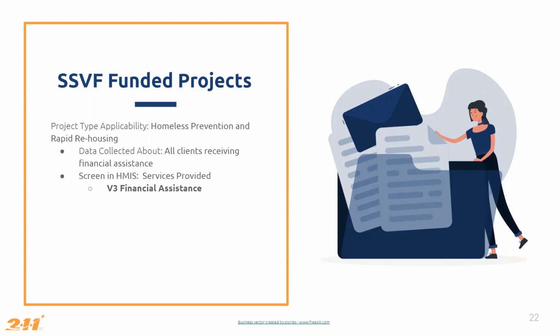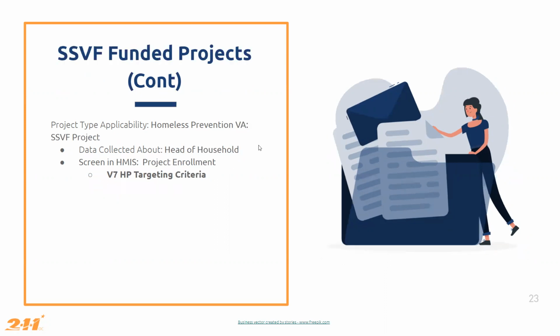So you will notice those changes when you go onto the services screen. They had a much larger change to the HP targeting criteria fields. So this is specific for homeless prevention SSVF projects. It's only collected for the head of household on the enrollment screen.